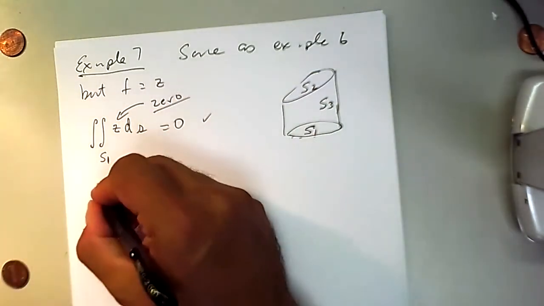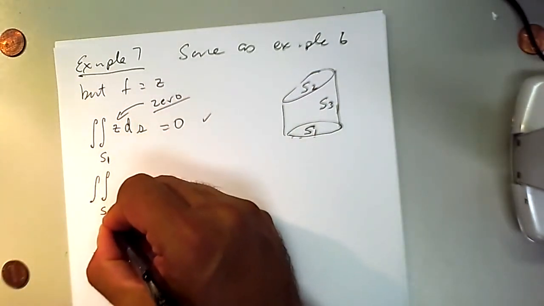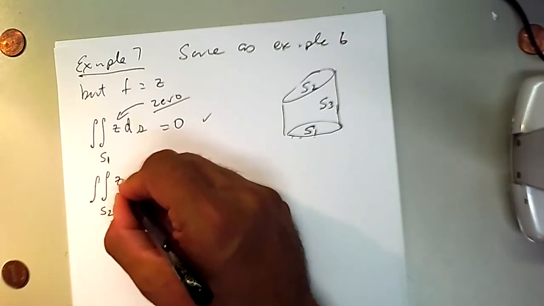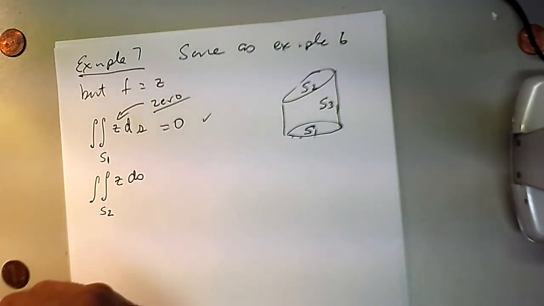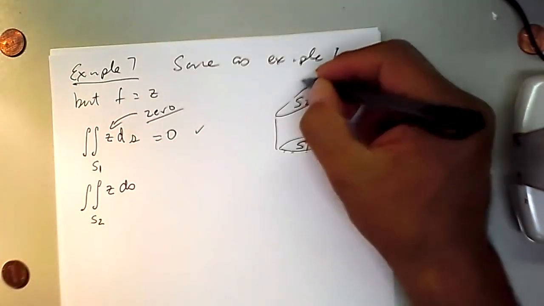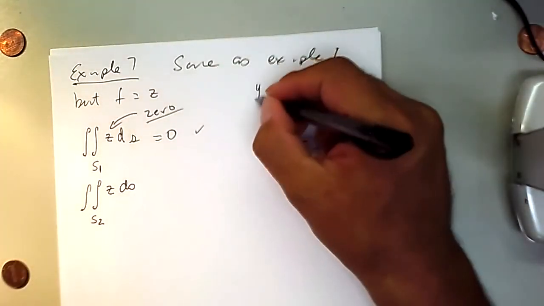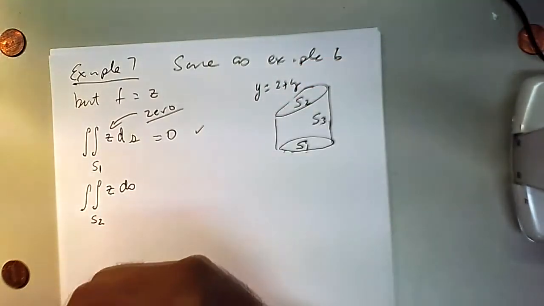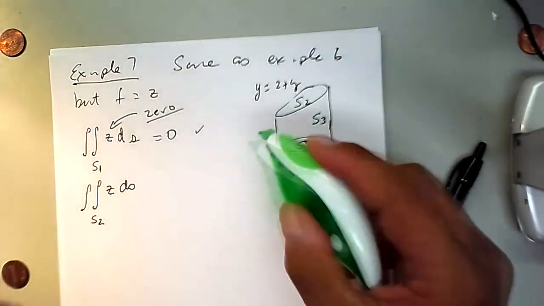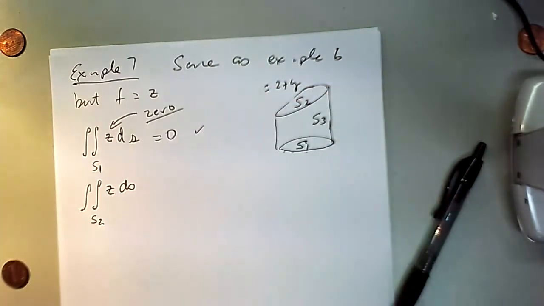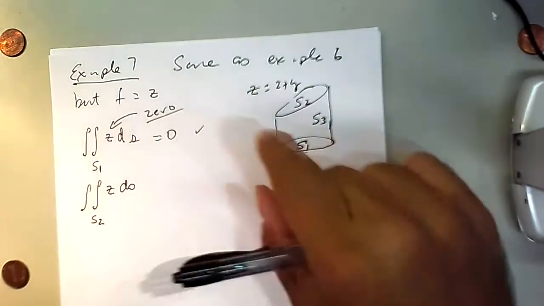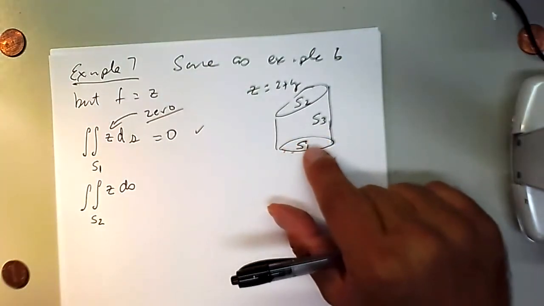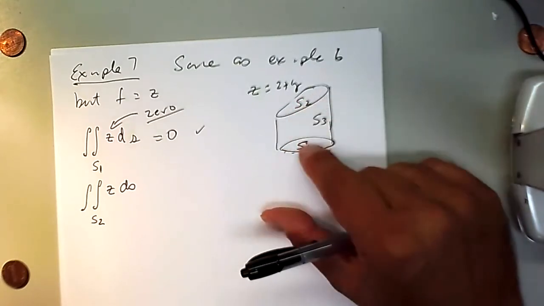Okay, so the second integral, over S2 of z ds. Now remember the surface here, the plane going this way, is z equals 2 plus y. I didn't mean y, z equals 2 plus y. Z equals 2 plus y. Okay, so a generic point here, well, first let's start on the bottom.